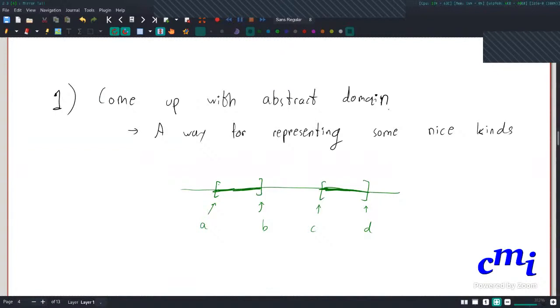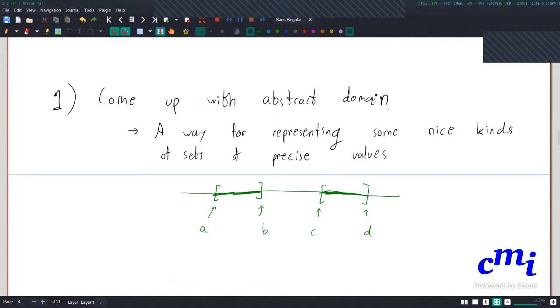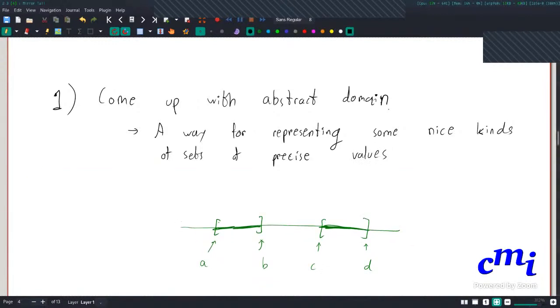You can very easily come up with counterexamples of very complicated sets of real numbers, which I can't represent with just 4 values, right? But I can always represent some nice subset of all the possible sets of real numbers. So some nice kinds of sets of precise values. These sets themselves, they may be potentially infinite. So let's add that.